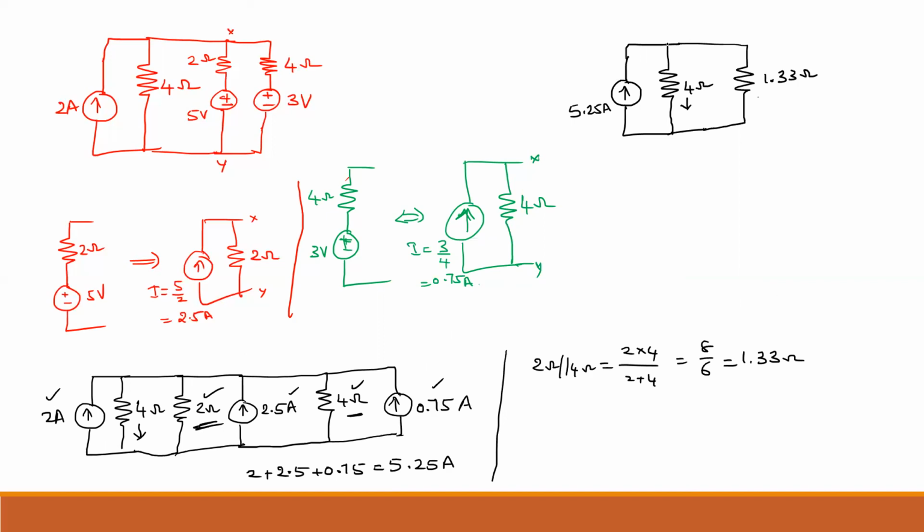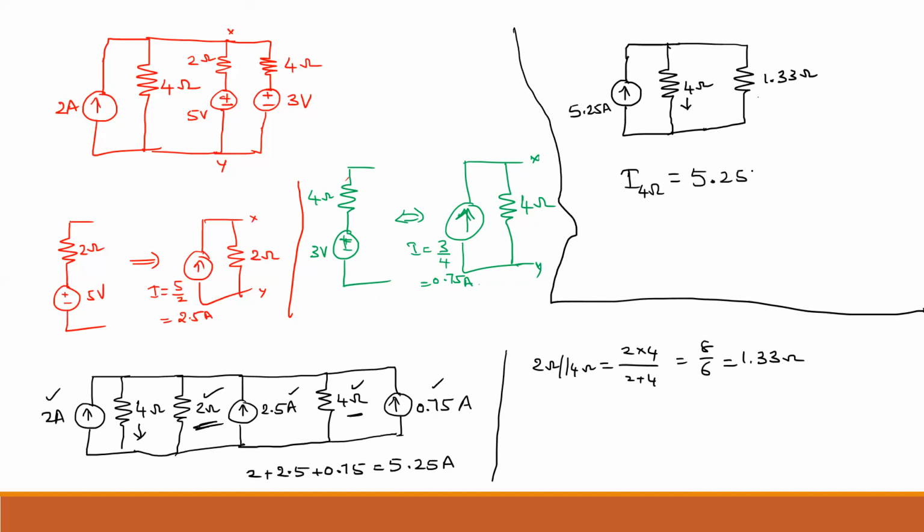Now if I want to know the current flowing through the 4 ohm resistor, now you can apply the current division rule. What is the current division rule? Total current into the opposite resistance, 1.33, divided by total resistance, 4 plus 1.33.